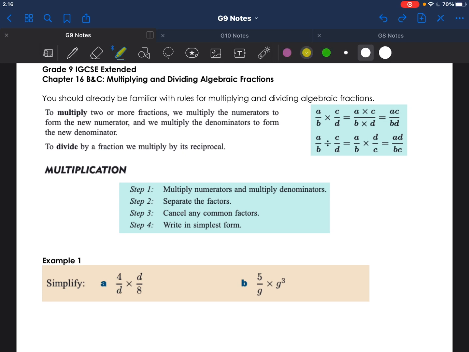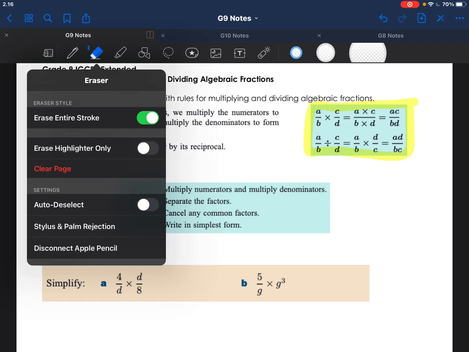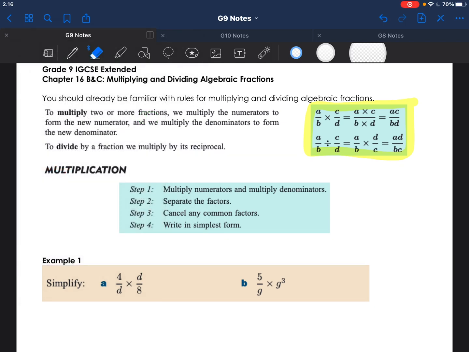Just a reminder, this is how we multiply and how we divide fractions. So in other words, when you multiply fractions, you multiply the numerators together and the denominators together. And if you can simplify, you simplify at the very end.